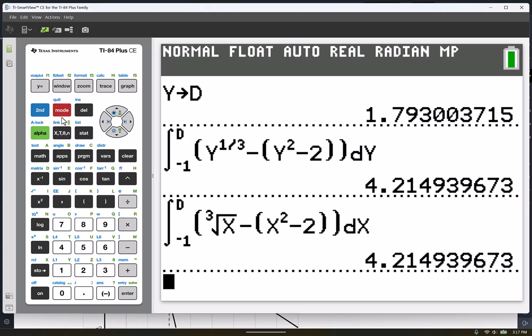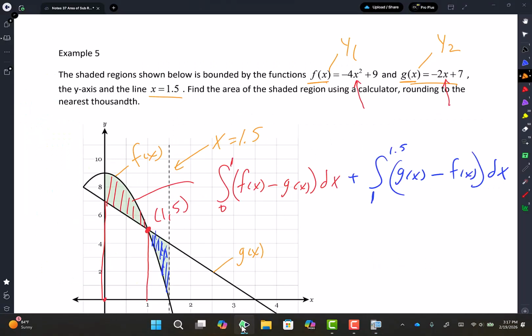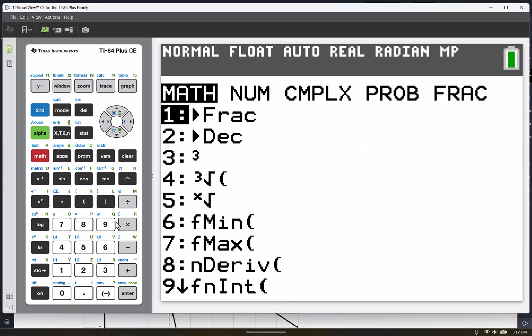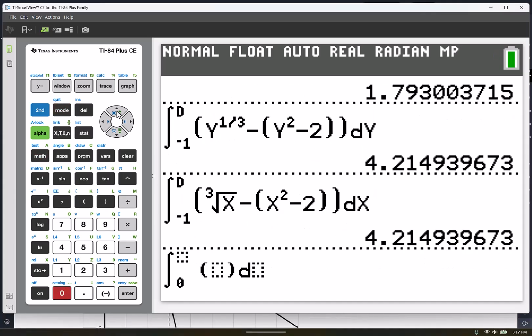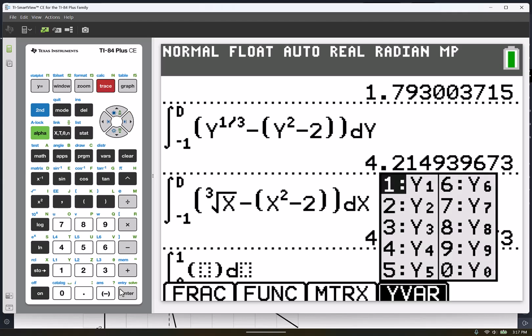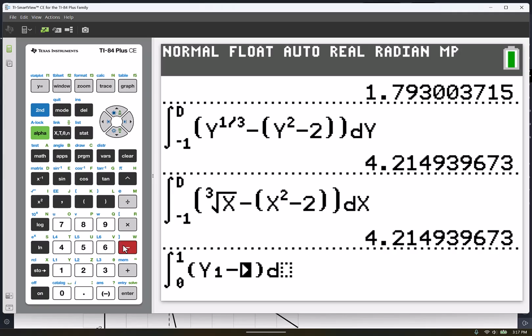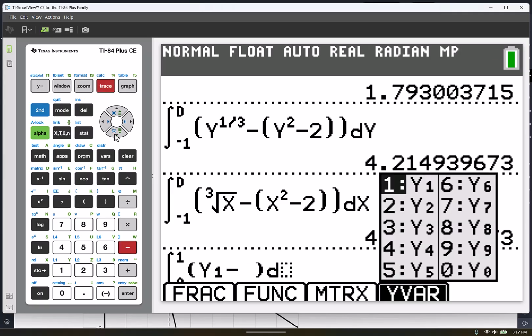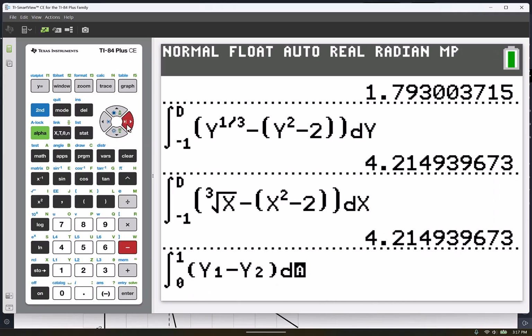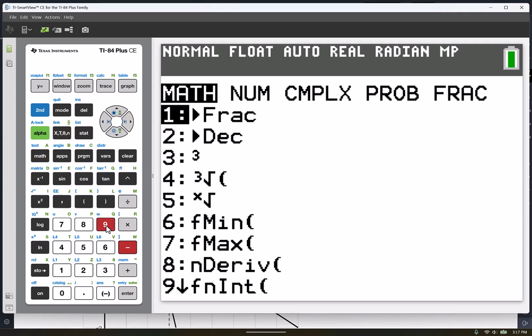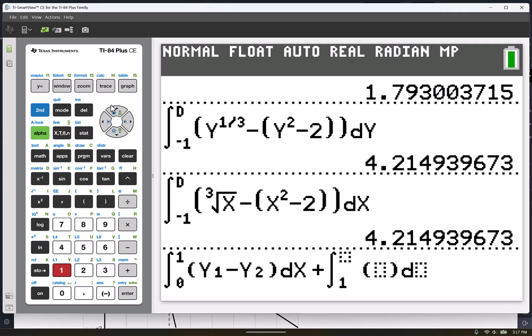Second quit. And let me look at it again. 0 to 1, f of x minus g of x. Okay, so here you go. Math 9, 0 to 1. Alpha trace. I think I put it in y1, so y1 minus y2, f of x minus g of x. Am I doing that right? Okay. Put an x here. Plus math 9, 1 to 1.5.